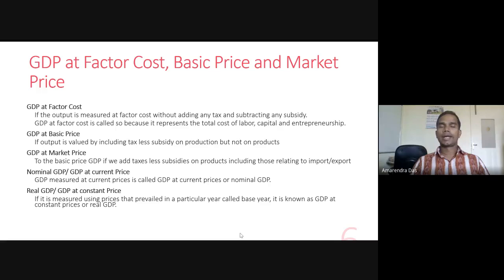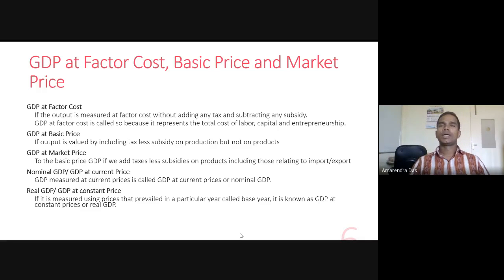So if you want to derive the GDP at constant price, then the quantity of 2020 output is multiplied by the price of 2011-12. Then only you get the GDP at constant prices.